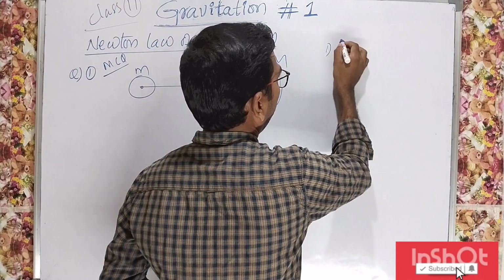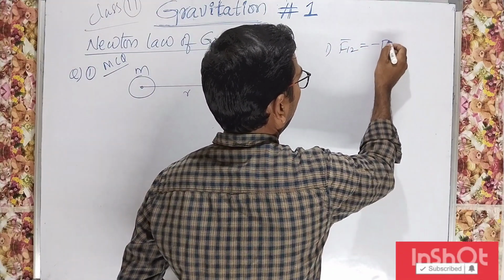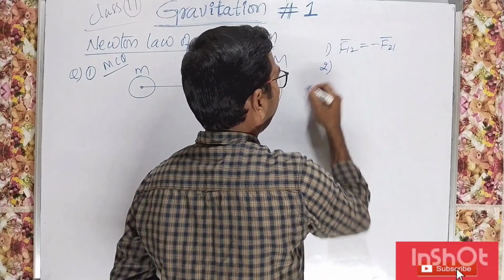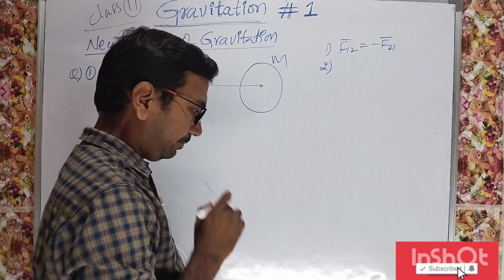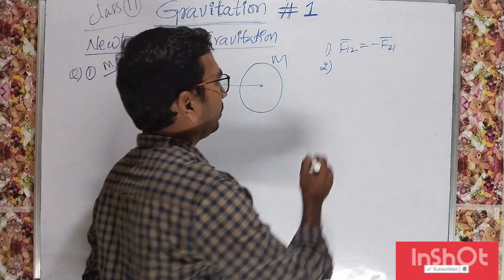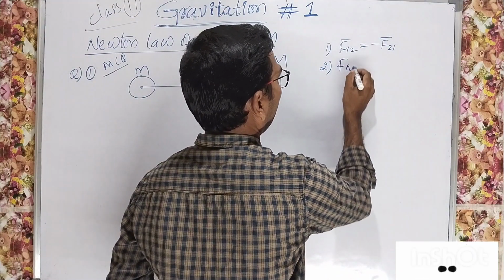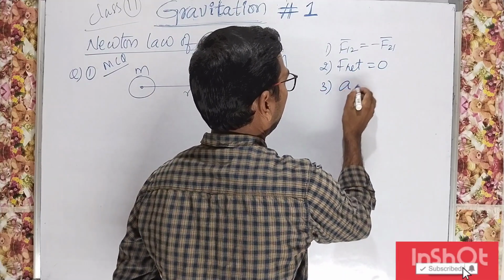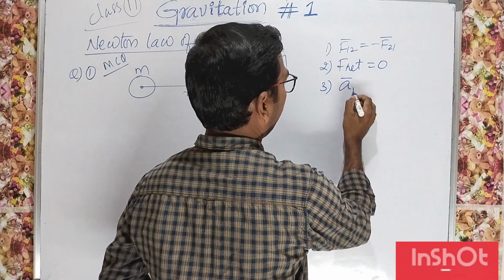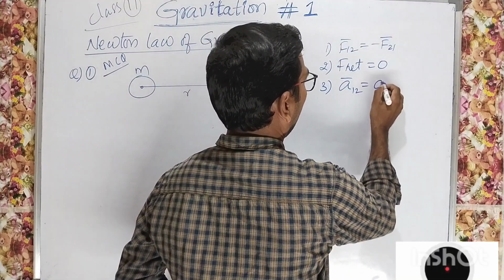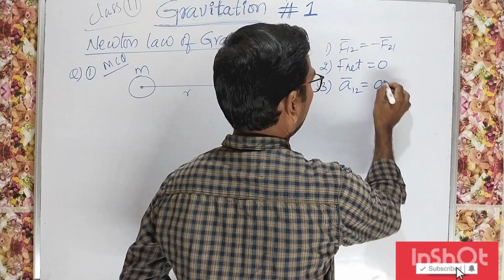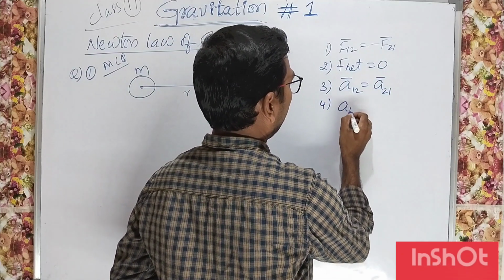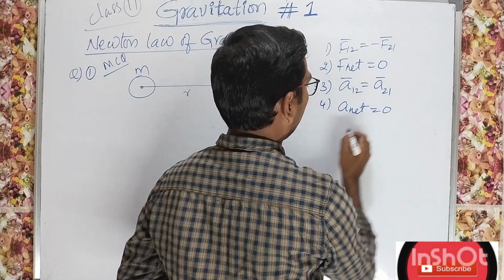First one, F12 bar is equal to minus F21 bar. Second one, F net is equal to 0. Third one, acceleration A12 is equal to acceleration A21. Fourth one, A net is equal to 0.